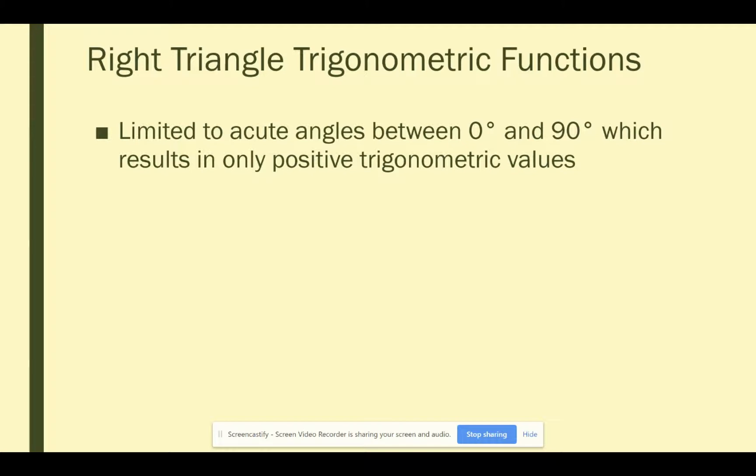And because of that fact, we only end up with positive trigonometric values. And we talked about that previously. Also, typically when we're dealing with right triangles, we deal with measurement in terms of degrees as opposed to radians. So right triangle trigonometry uses mainly degree measurement, which most people are familiar with.